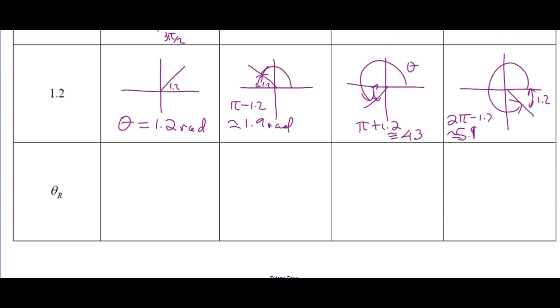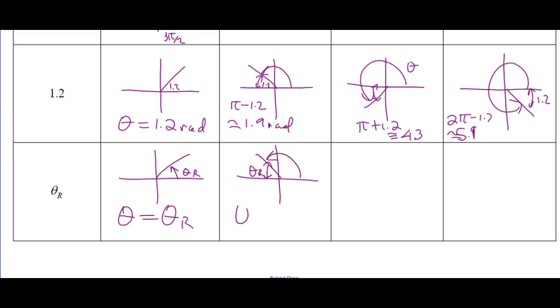Okay, so just in terms of theta r then, we're getting an expression for the angle in terms of theta r. So in quadrant 1, theta is equal to theta r. The rotation angle is the reference angle. In quadrant 2, there's theta r.